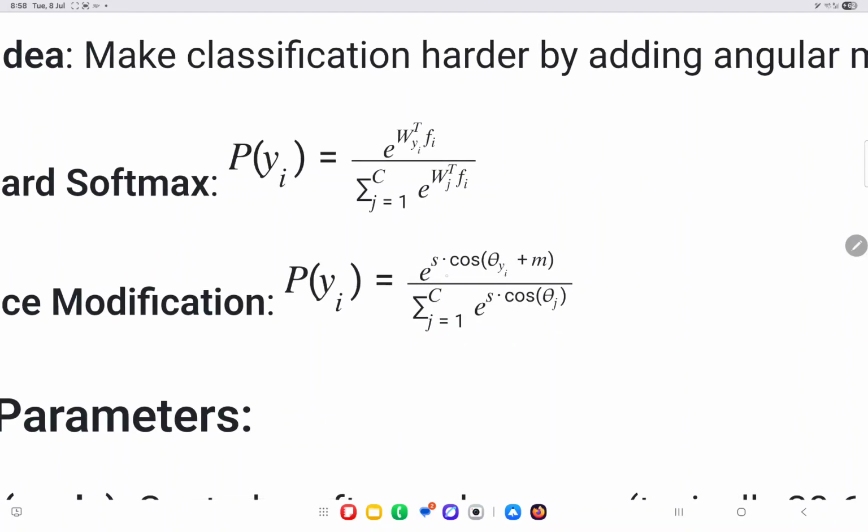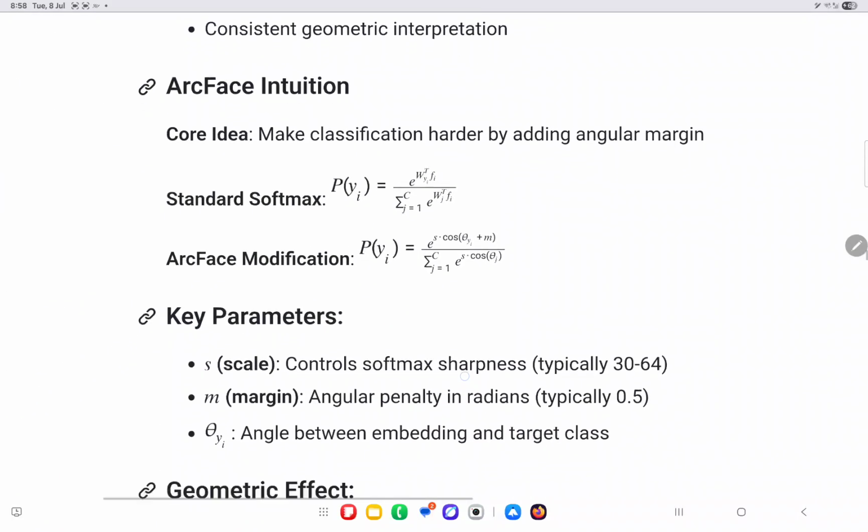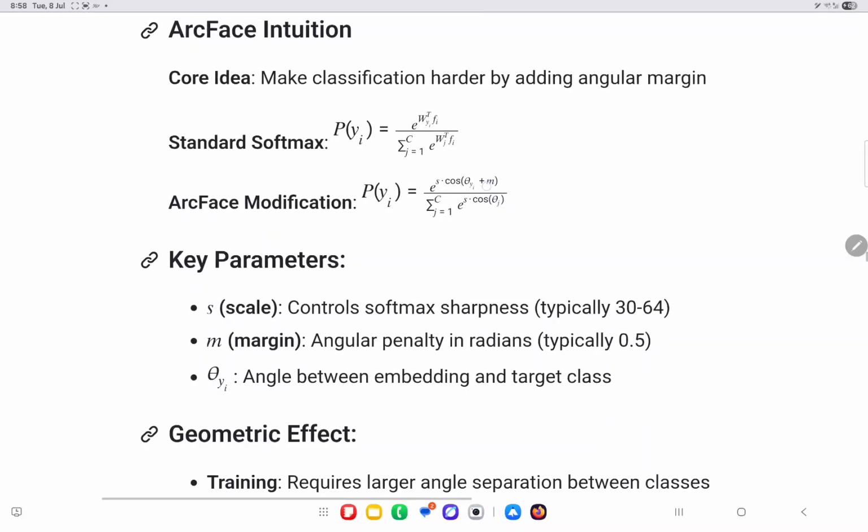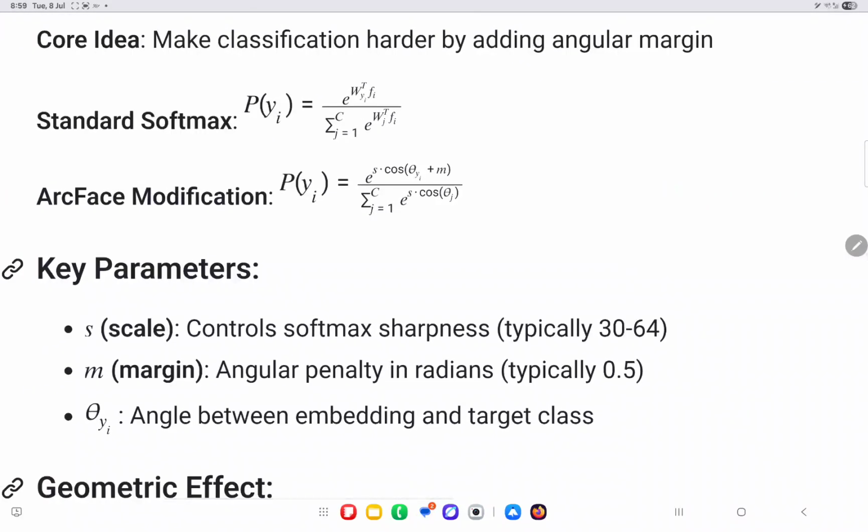For example, suppose this one: S is the scale, M is the margin, and theta yi is the angle between the embedding and the target class.